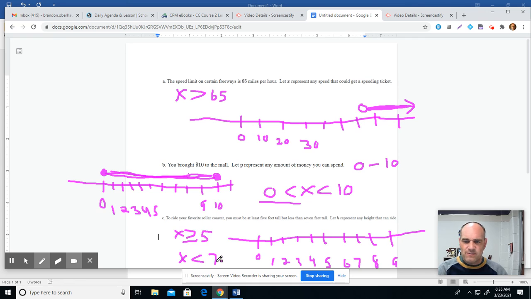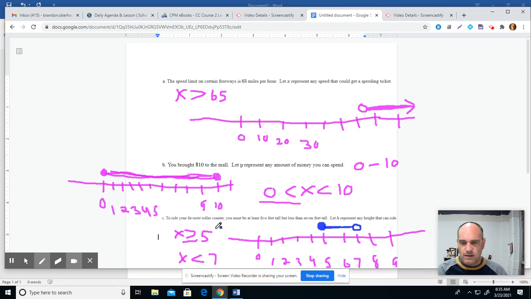My boundary points are 5 and 7. So I'm going to go to 5 first, and I'm going to color it in because I got the or equal to part. And then I've got this 7 over here, and I'm not going to color it in because I'm not allowed to be 7. So I can be anything that's bigger than 5, but it's got to be things that are less than 7. So I'm going to shade in the things in between. And this would be my number line to represent that.